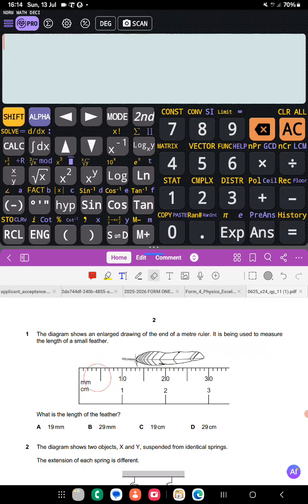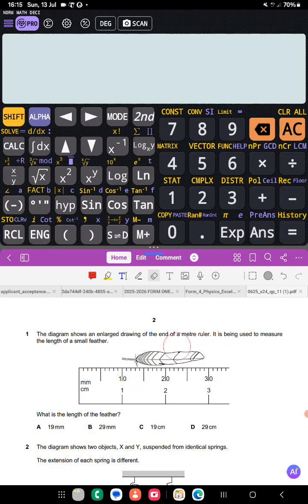First of all, check the ruler is calibrated in millimeters, as you see. That means each small division, or the least count of this ruler, is 1 millimeter.